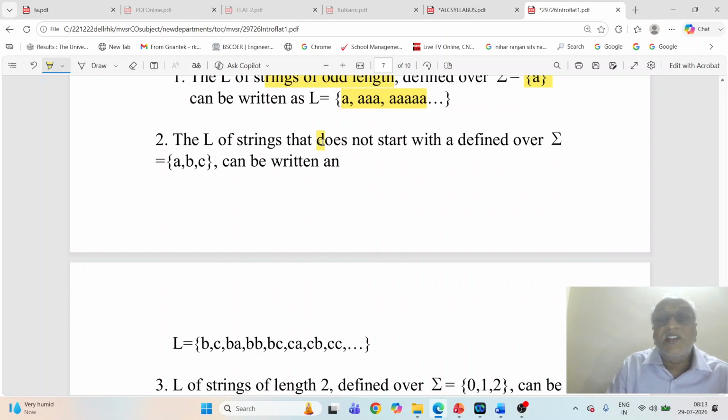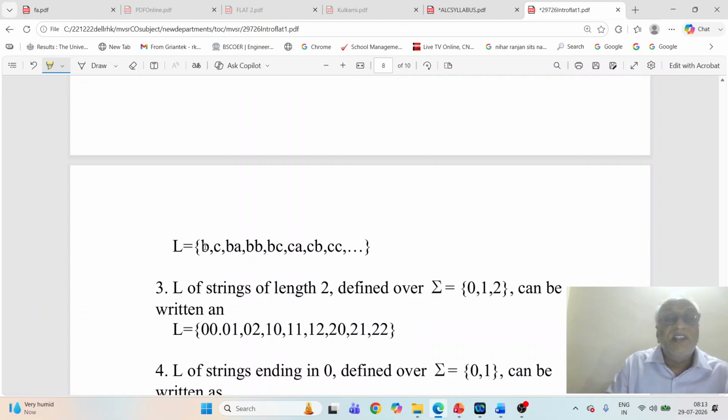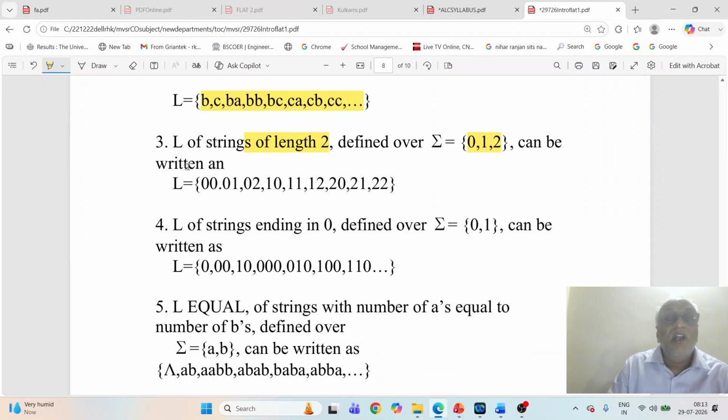Here, strings do not start with a, but with sigma equal to a, b, c. None of them is starting with a, right? Here the condition is length 2, and the alphabet is 0, comma, 1, comma, 2. All of them are of length 2. Similarly, the condition imposed here is ending with 0, having 0 or 1. All of them are ending with 0.